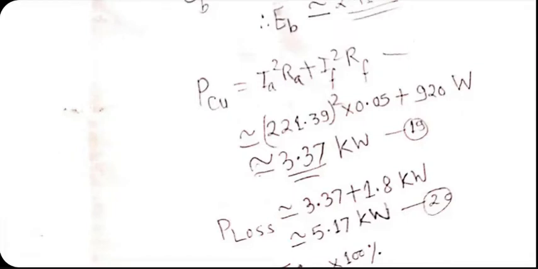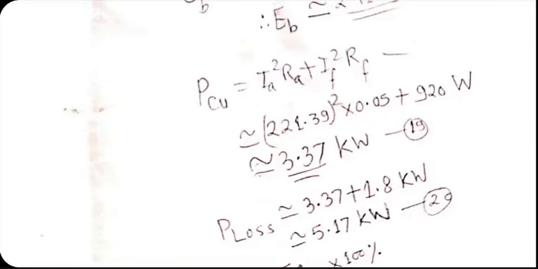It has gone down compared to part A because obviously you are operating at a lower output. And of course, mechanical loss will not change because the machine is still rotating at the same speed. Friction, windage, etc. will remain the same.